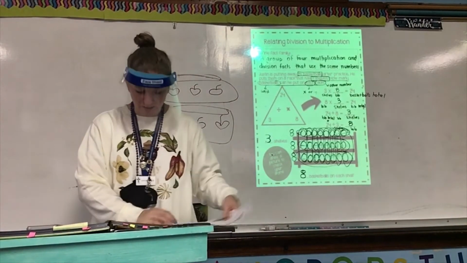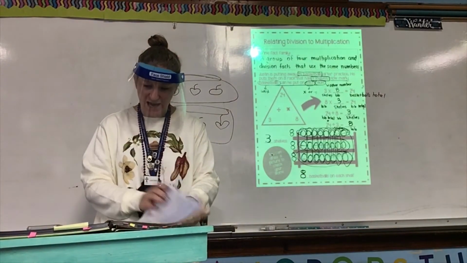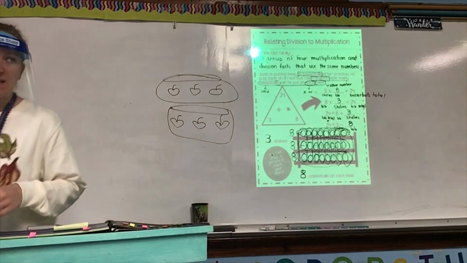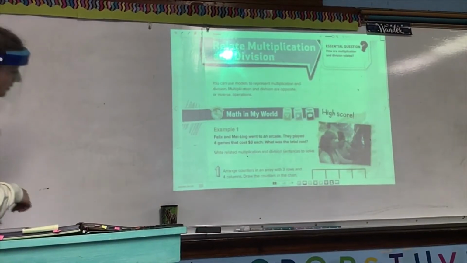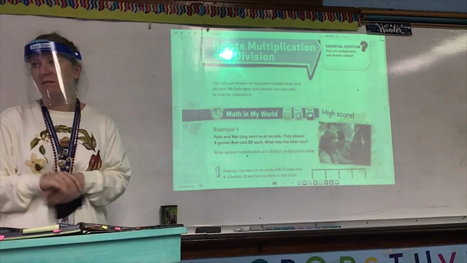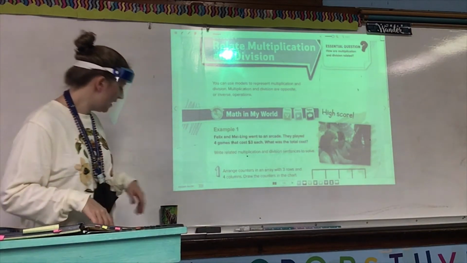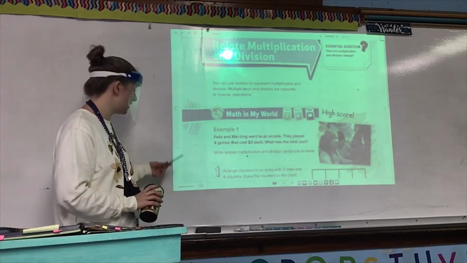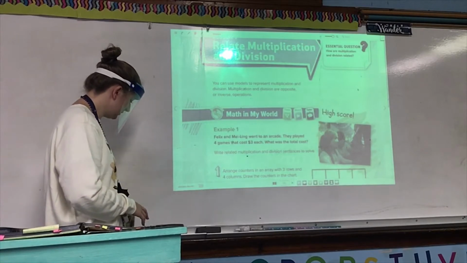Go ahead and open your math book up to page 135. Helper number 1, please sanitize, erase, sanitize. So now, let's look more about why we have fact families. So go ahead and read the sentences under the title, Carla, loud and slow.